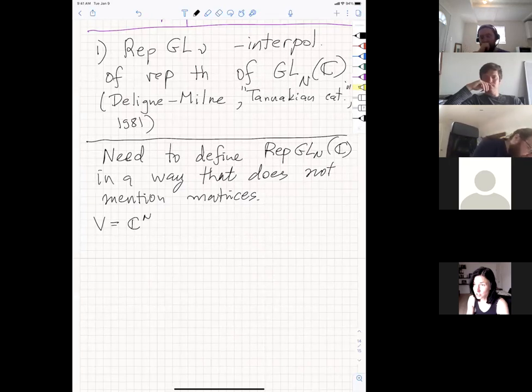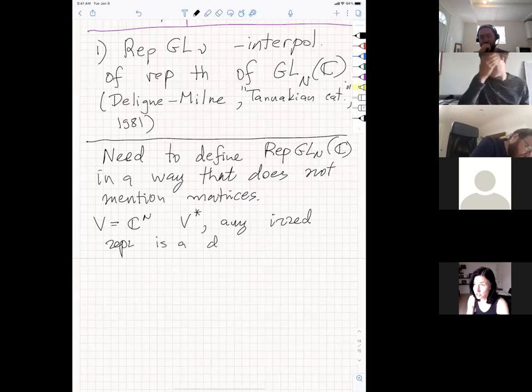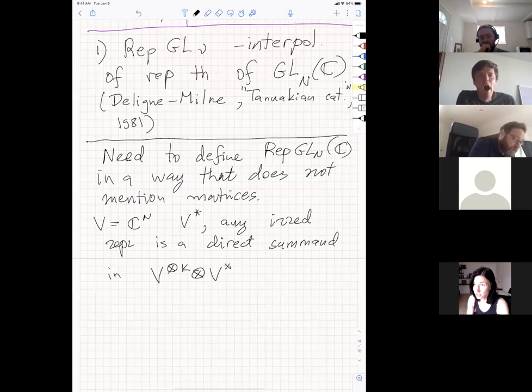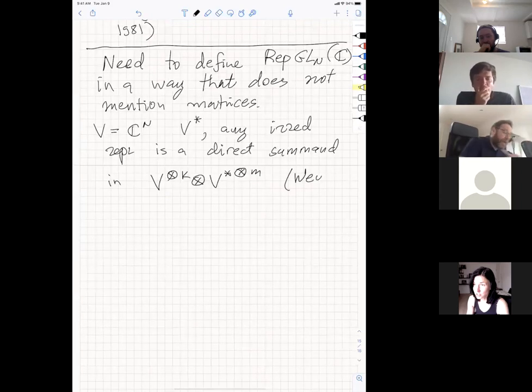And then we have the dual representation. And any irreducible representation is a direct summand in V^{⊗k} ⊗ V*^{⊗m}, where k and m are some integers. So this is known since Hermann Weyl.